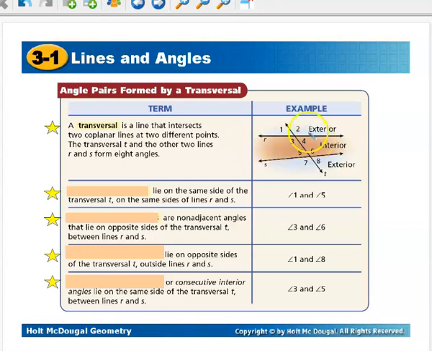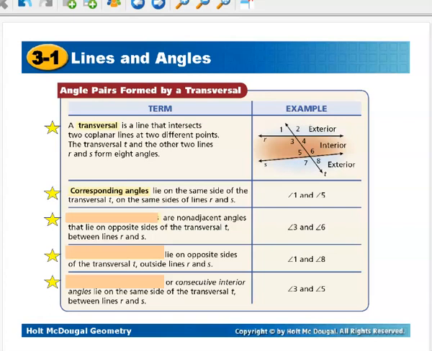An example of that, we'll just dig right in, is this line right here is the transversal, cutting across two or more lines. You could have lots of different lines up here, kind of like a parking lot. If you've seen a parking lot, that's a good example of a transversal.